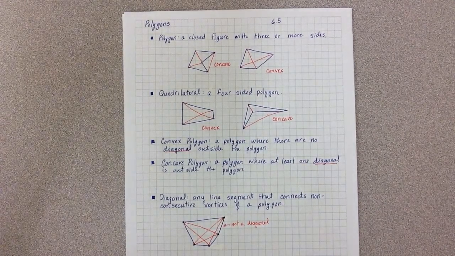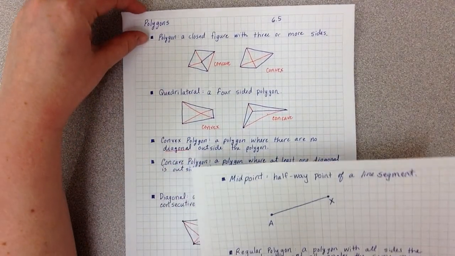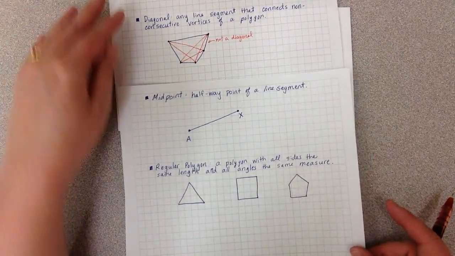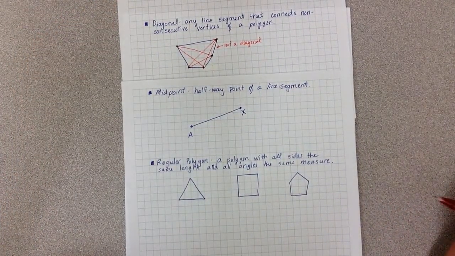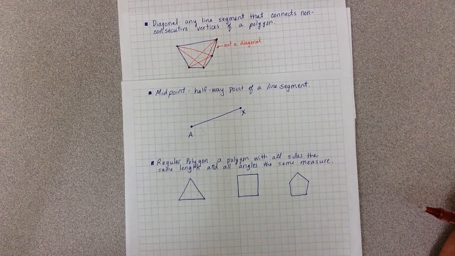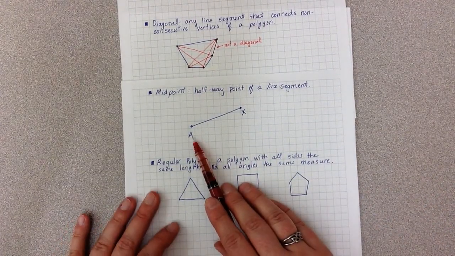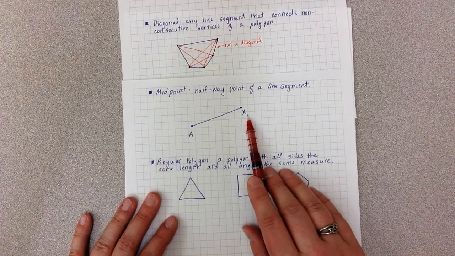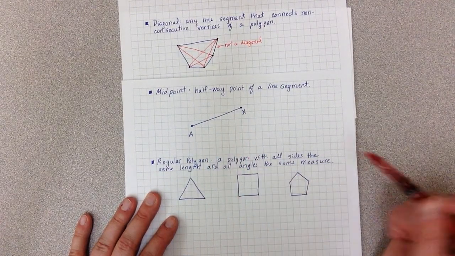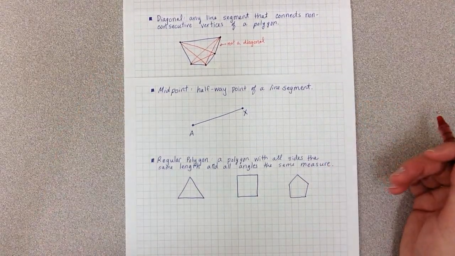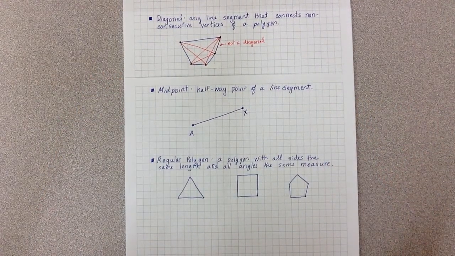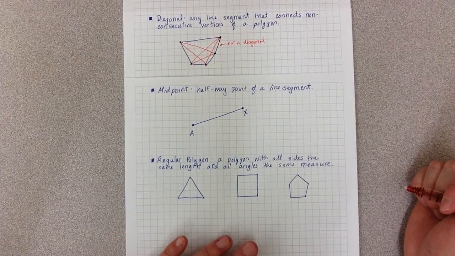We have 2 other definitions in this section that we want to cover. One of them is midpoint. Midpoint is the halfway point of a line segment. In this case, we don't yet have a way to find the exact midpoint. And even when we have a way to find the midpoint, it's never going to be exact. Can't actually do that since we're human beings.